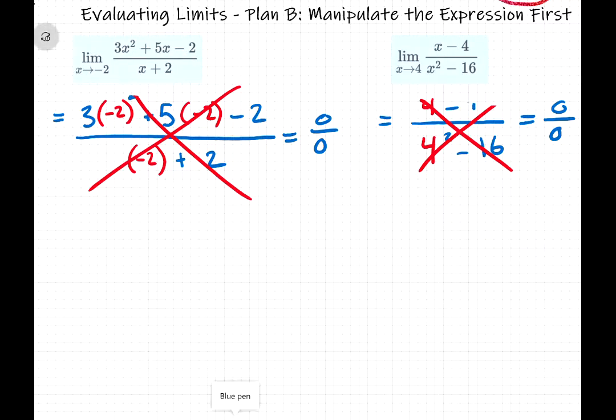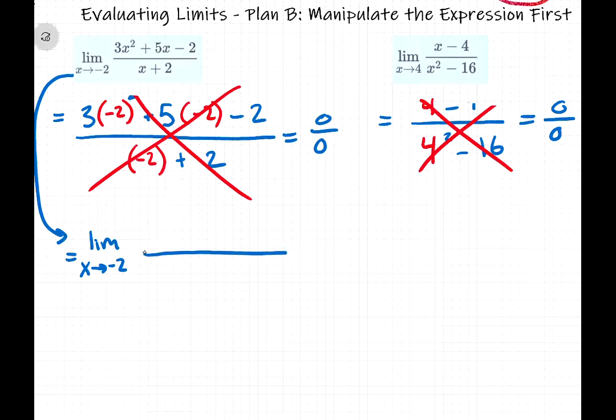One common approach is to factor. So let's come down here. So this is the limit. Now we haven't applied the limit yet. The limit as x approaches -2 of, well, we could factor the top. So that's a 3x and an x. We need a 2 and a 1. That needs to be positive.